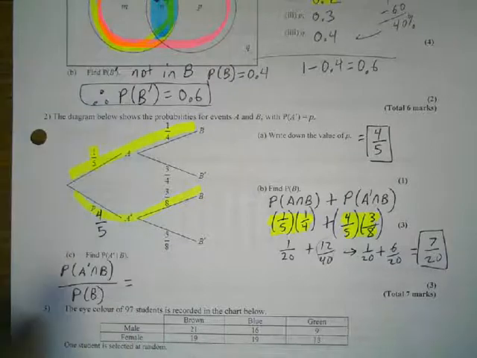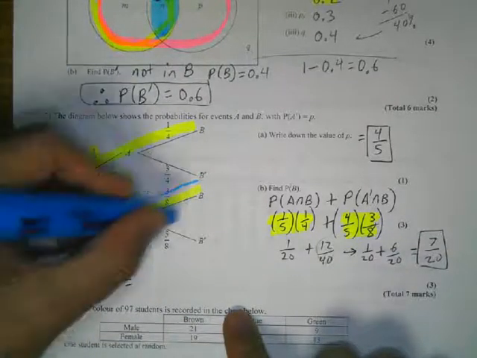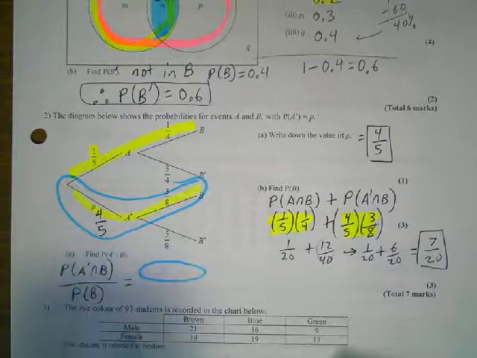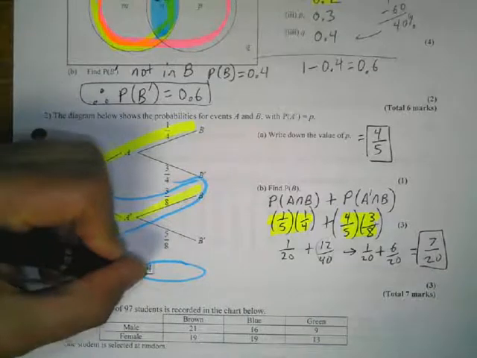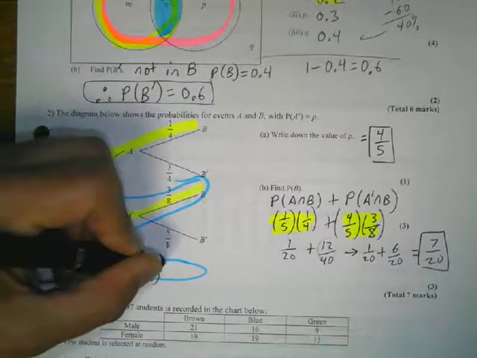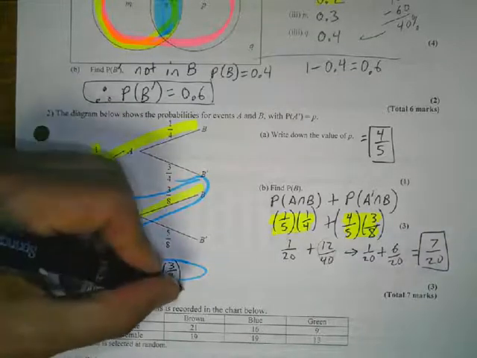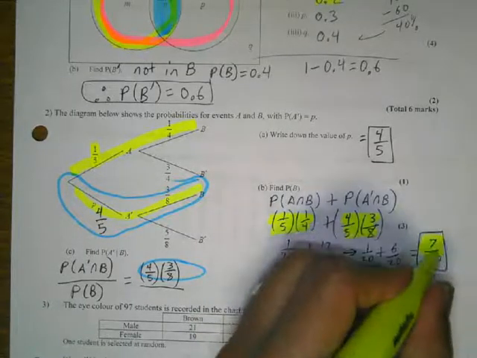A prime intersection B is this route right here. So this route in the numerator is 4/5 times 3/8. My denominator is the probability of B, which we just found here, which is 7/20.